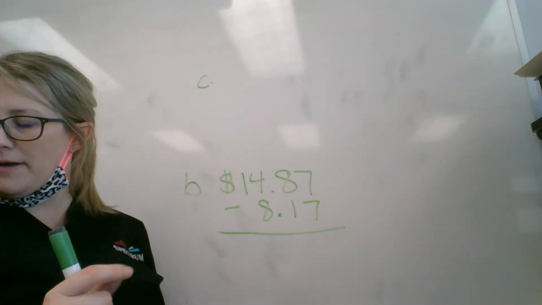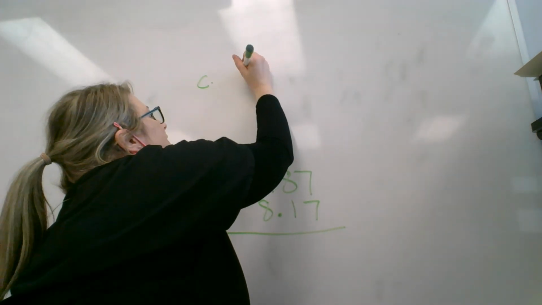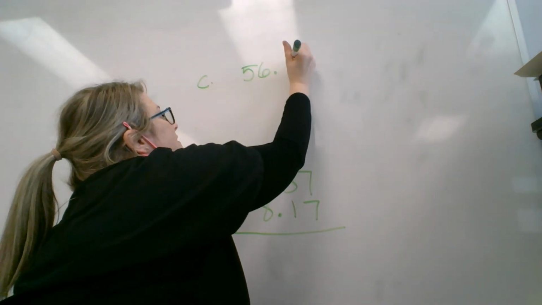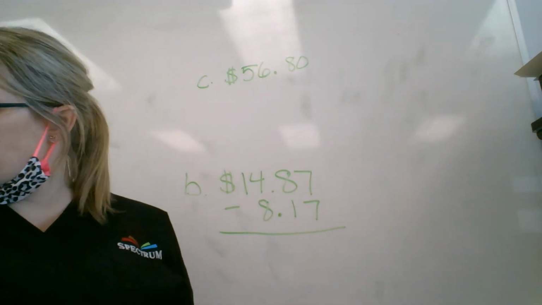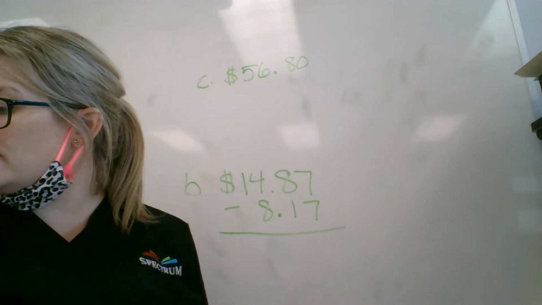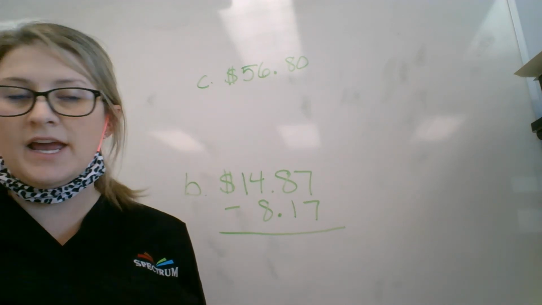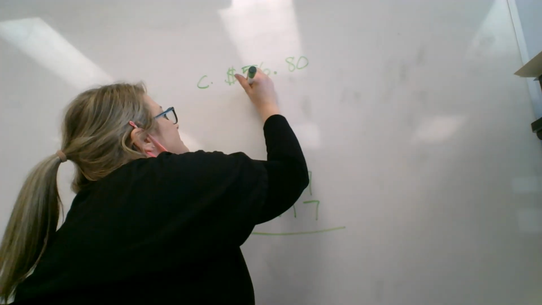All right, a club had $56.80 in the cash box. The club purchased the phone. How much did they end up with? The phone was $34.58.